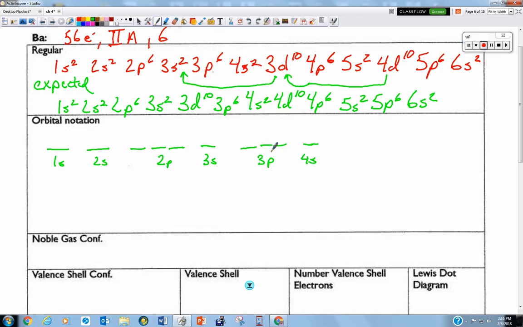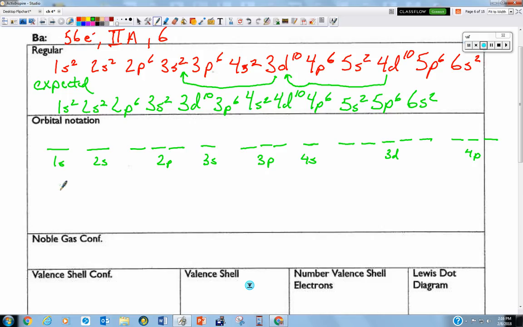All right, everything's pretty much the same up until this point. So after 4s comes 3d. We're going to do this based off of regular order. So regular order, a D has 5 orientations. So this is 3D. Then we have 4P, 1, 2, 3.